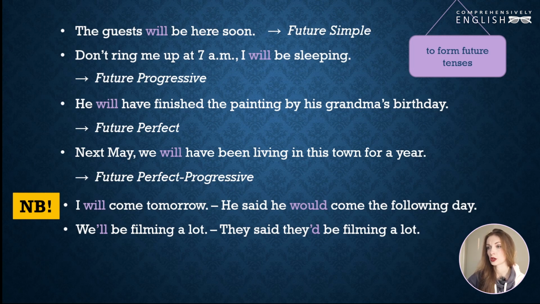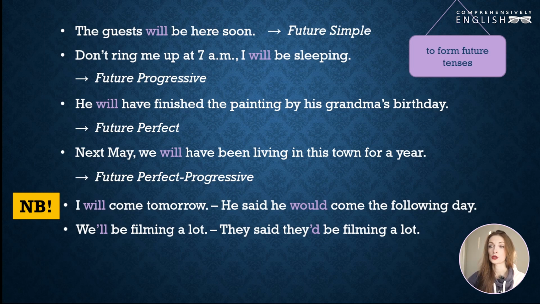But if somebody wants to report what I said, he or she will not be able to use will, because according to the sequence of tenses, we cannot use future in the past. That's why we have this term like future in the past. That's where we use would instead of will. He said he would come the following day.